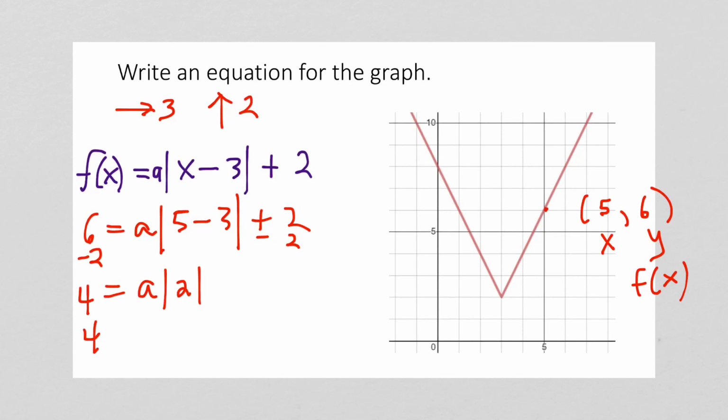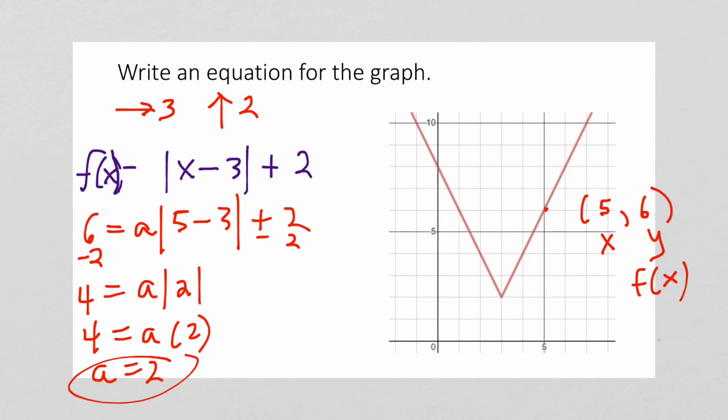So that's 4 is equal to a times 2. So that means a has got to be 2. All right, so that means I've got to have a 2 in that spot where the a is. So f of x is equal to 2 times the absolute value of x minus 3 plus 2.